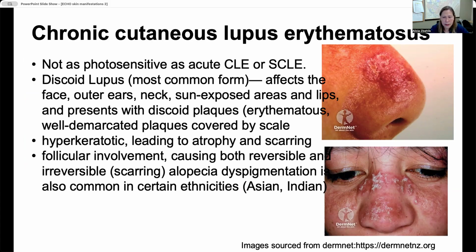So because some of the follicles are involved, that's one of the reasons you can get hair loss. And you can get both reversible and irreversible alopecia, and then the changes in pigment are variable based on people's melanin distribution in their skin and the concentration of that.